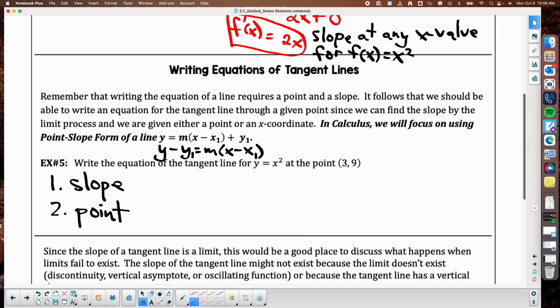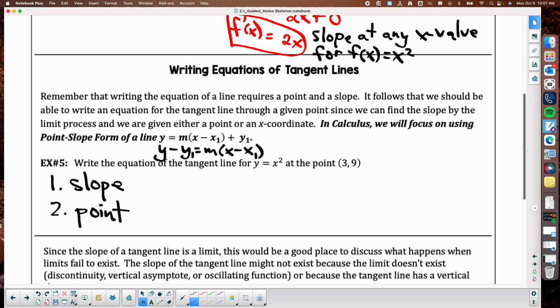They're both correct, so it doesn't actually matter which one you use. This one sometimes can be a little bit easier, I guess. I mean, all they did was add y1 to both sides, so they're the same thing. You guys pick whichever one you want, they're both correct. Okay, but I need these 2 pieces of information to write it.